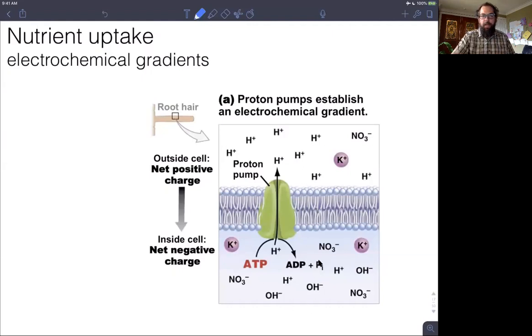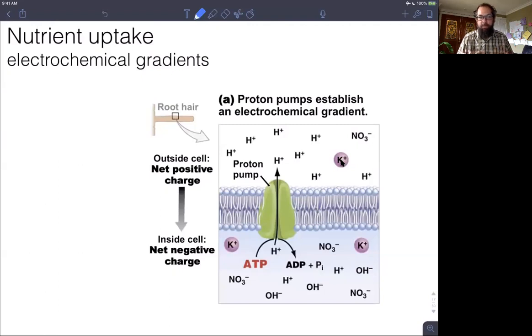And so the concentration gradient is actually more concentrated inside of the cell, less outside of the cell. And so for most of these nutrients that are dissolved in the water, they need to come in against their concentration gradient. And in order for that to happen, the plant has to establish that electrochemical gradient.